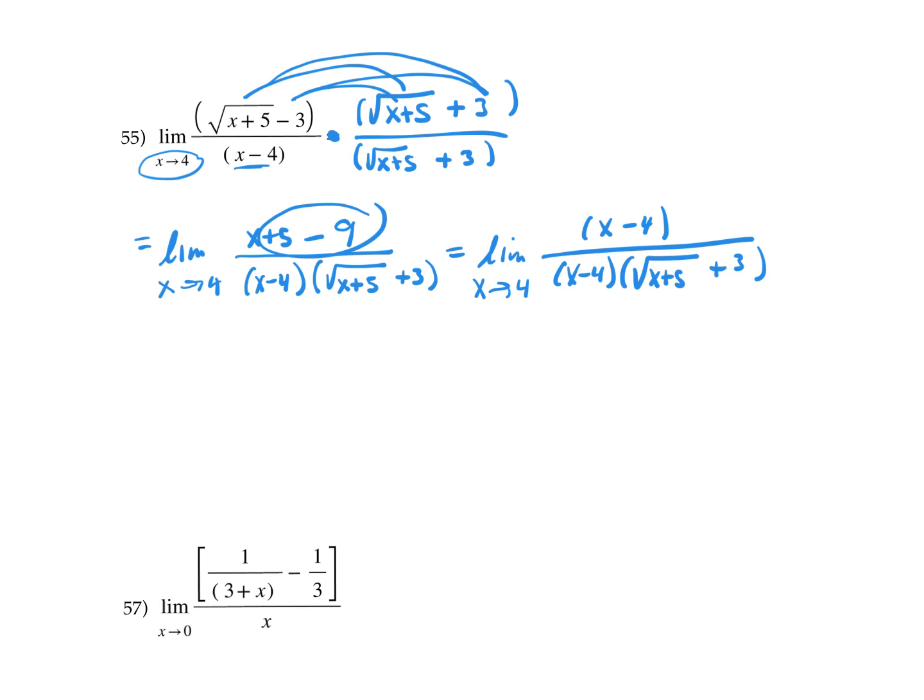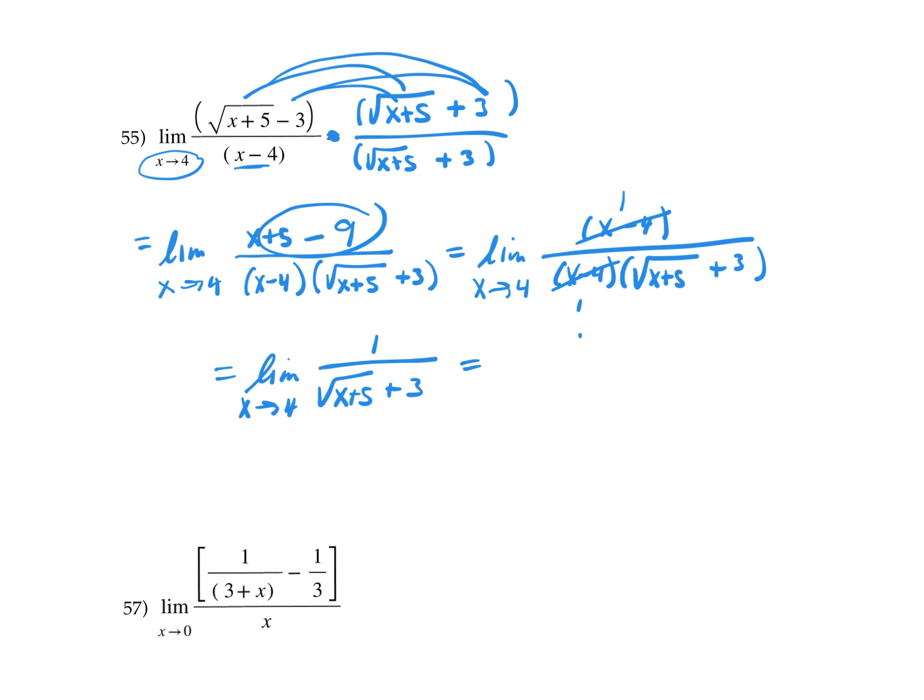Okay, so that idea of multiplying by the conjugate is so this happens. We're removing the place where this function is discontinuous, and we end up with a limit as x approaches 4 of 1 over the square root of x plus 5 plus 3.